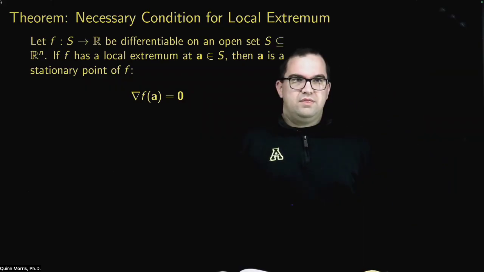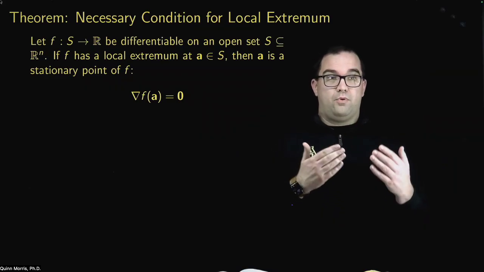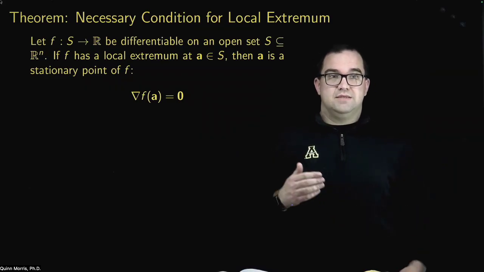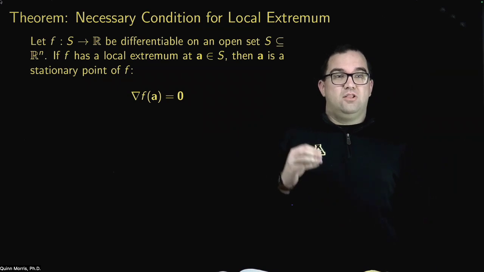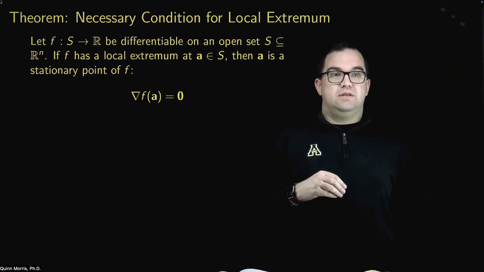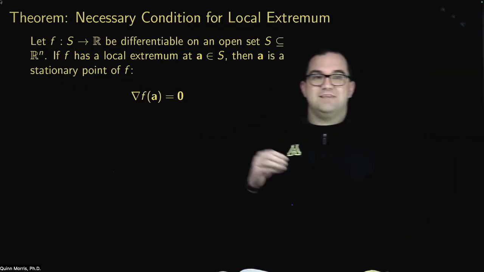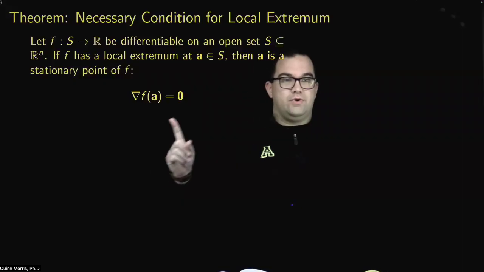Now, one thing you can already see, and in fact one of the homework problems deals with this: if I have a local extremum at some point A, and my function is differentiable at that point A, then A has to be a stationary point or a critical point.